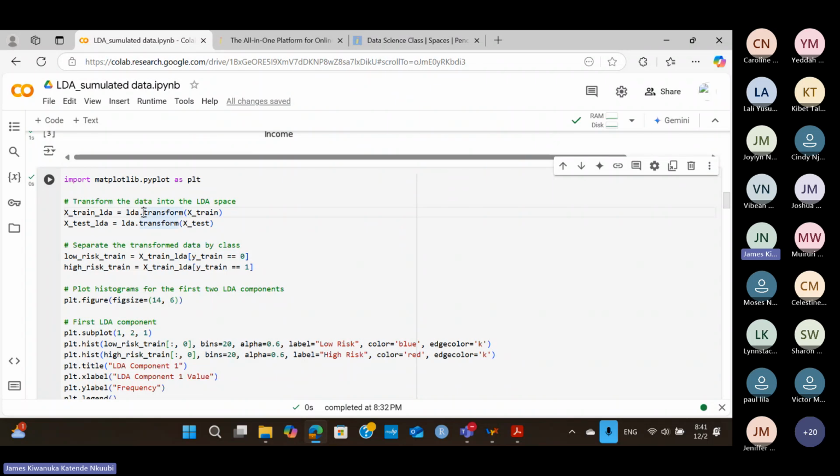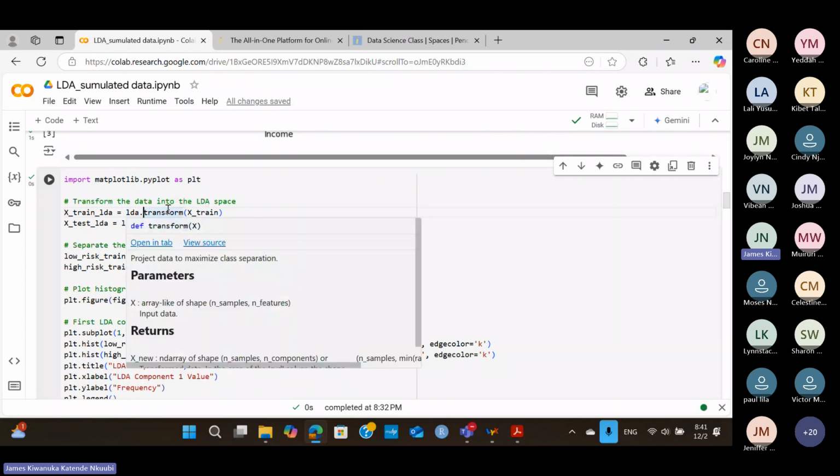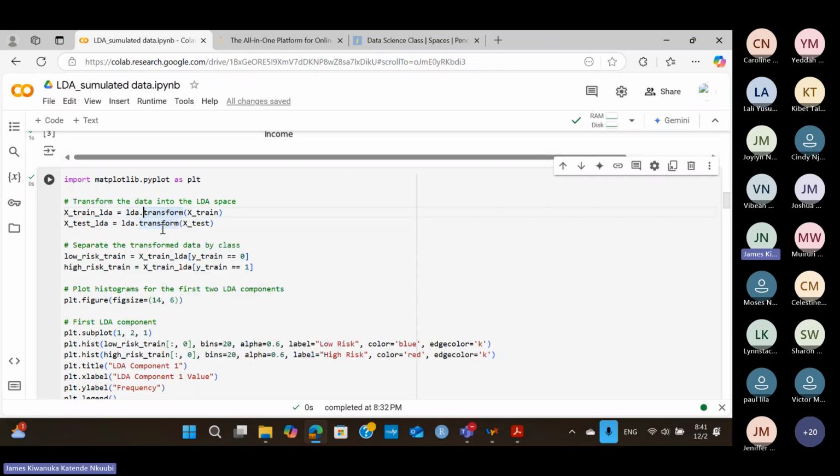Remember the first one earlier, it was just fitting the data and then predicting. But if you want to plot in the new transformed space, you need to transform the data.